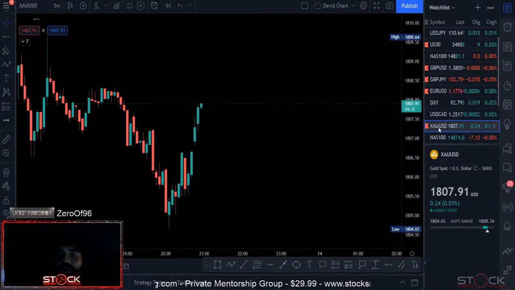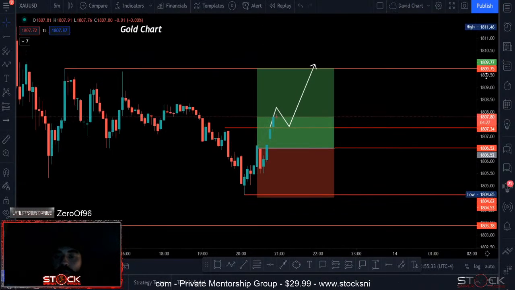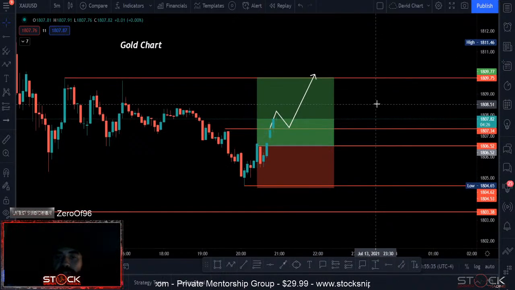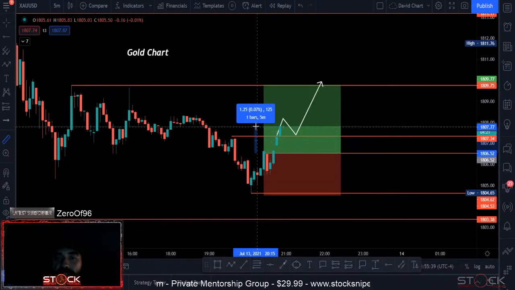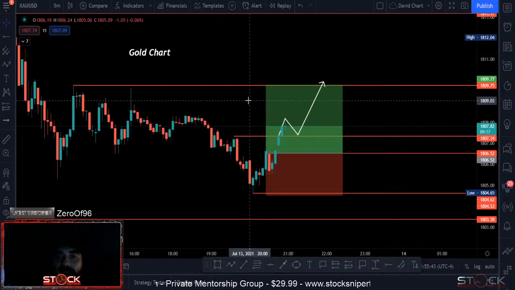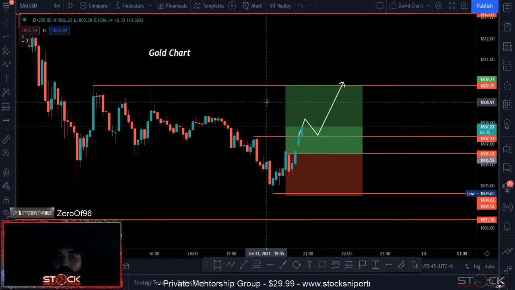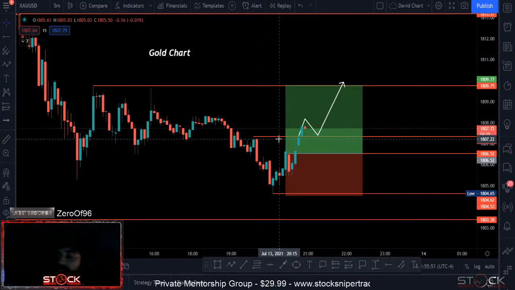Let's check out gold. Okay, guys, gold has been nice. We got a nice little move here while we were charting the others. For the gold trade, if you got in, you're actually up already 13 pips. That's not bad. But we just need to keep in mind that usually around 15 pips I tell people to move their stop loss to break even and let that trade run out.